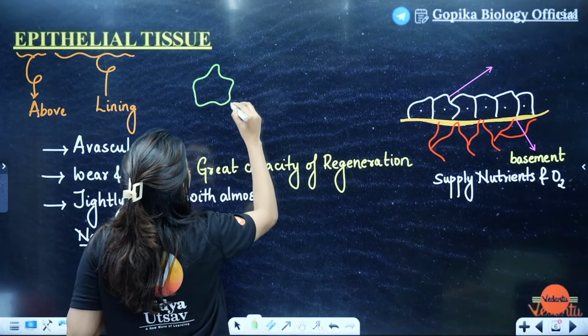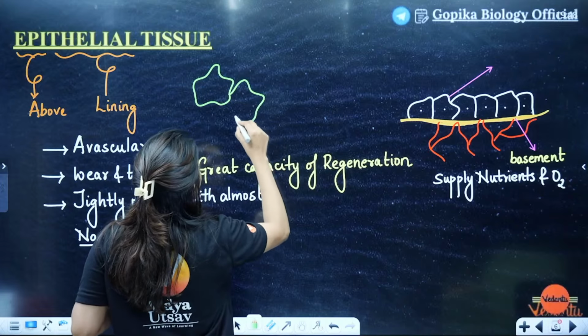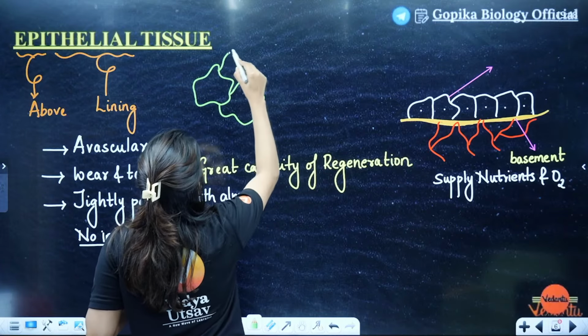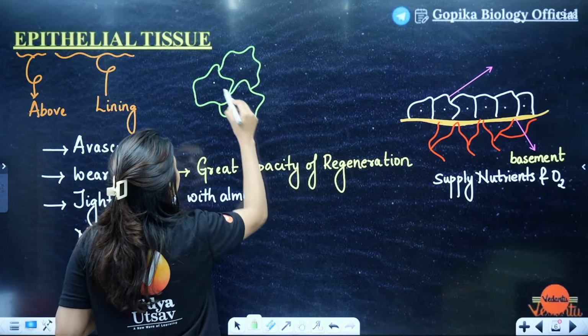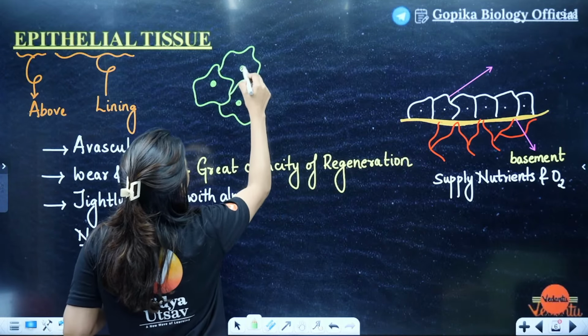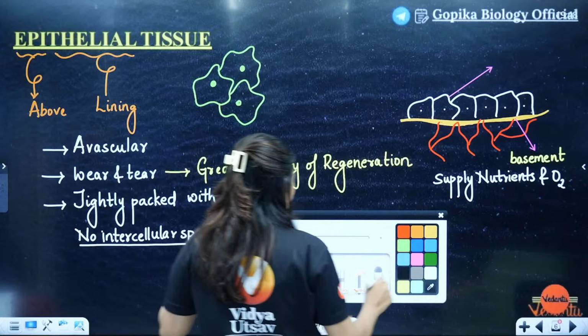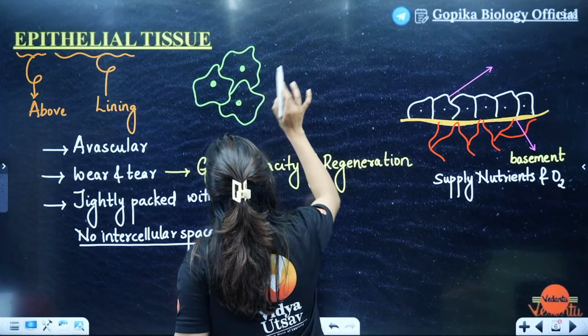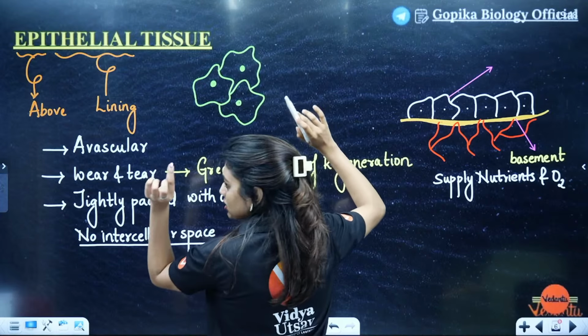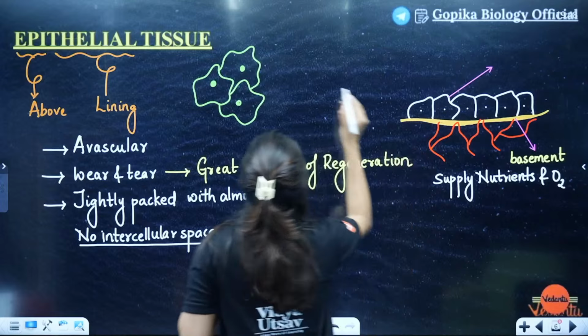These irregular boundaries are going to be there. I've drawn them all enlarged for you in case you can't see. Like this I've drawn, and they almost have no intercellular space. If you look, you can't spot any intercellular space, very little intercellular space.